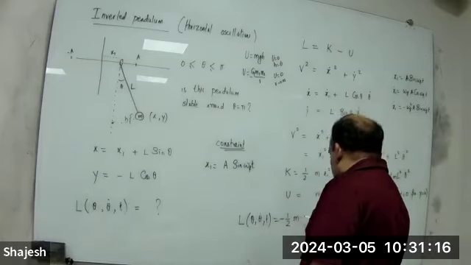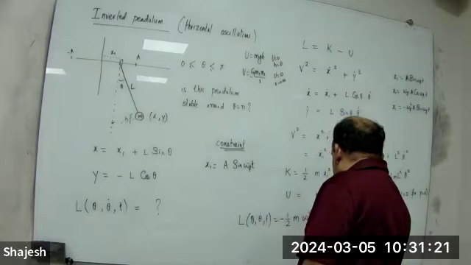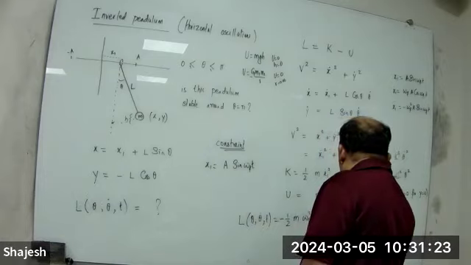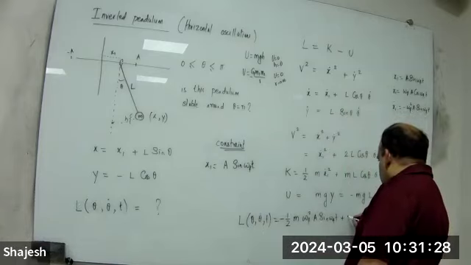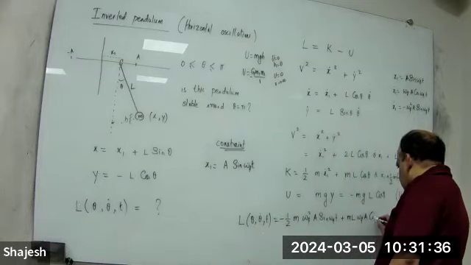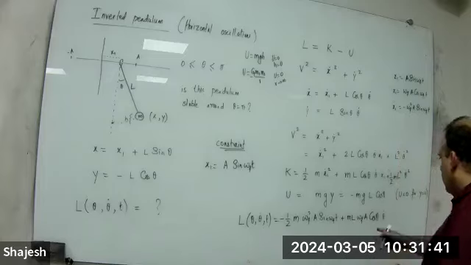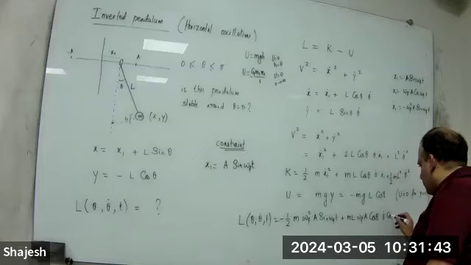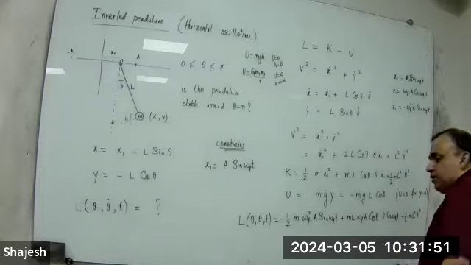So it is minus omega f square times a sine omega f t plus m l omega f times a times cosine theta times theta dot times cosine omega f t, and plus half m l square theta dot square.